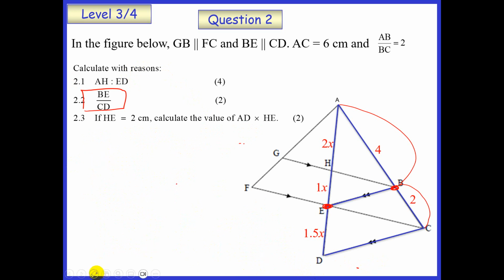Okay, now we want to find out what is BE over CD. So BE over CD is actually equal to AE over the entire side called AD.